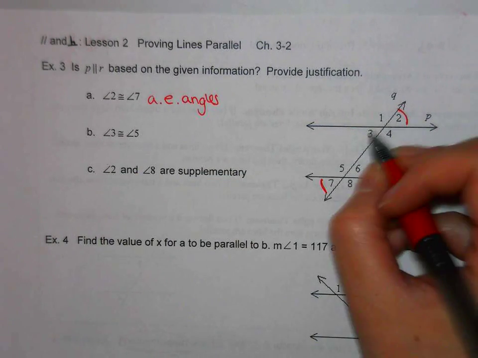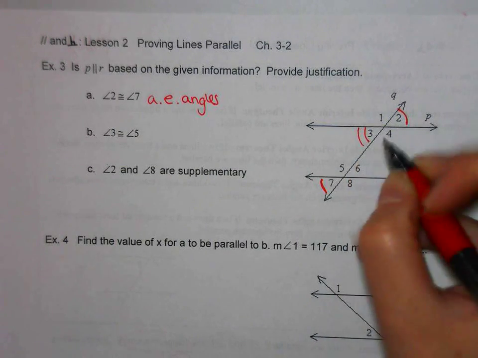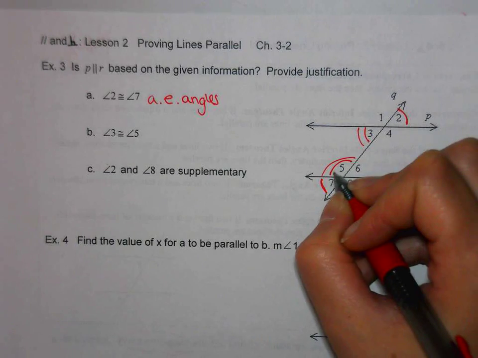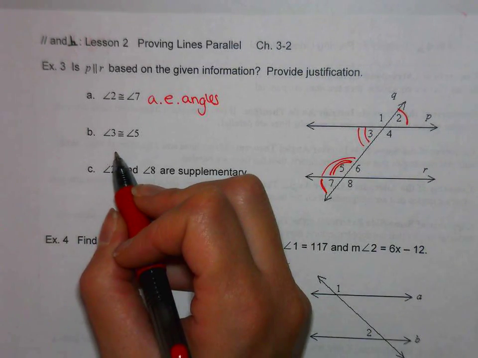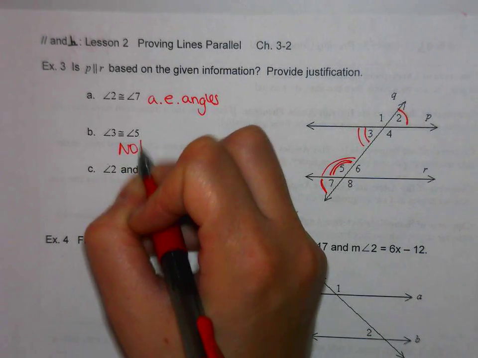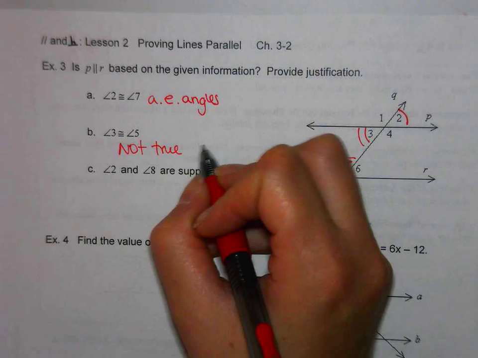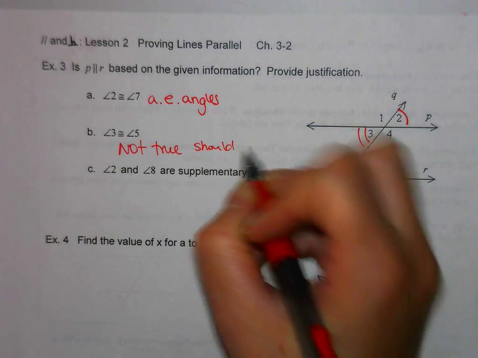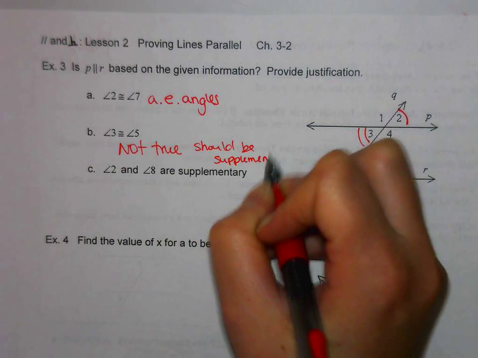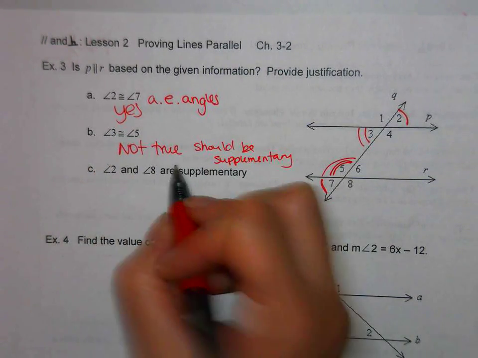Angle 3 and angle 5, they're saying are supplementary, or no, sorry, angle 3 and angle 5 are congruent. This is not true if they're parallel, because if they're parallel, they should be supplementary. So this one's not true.